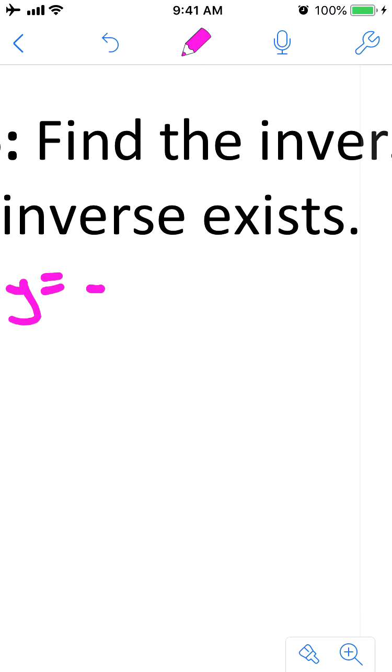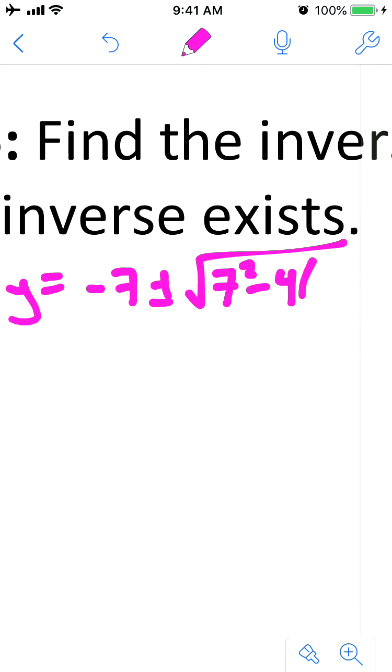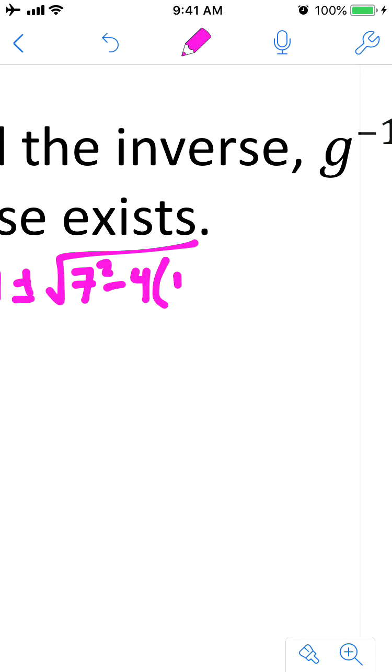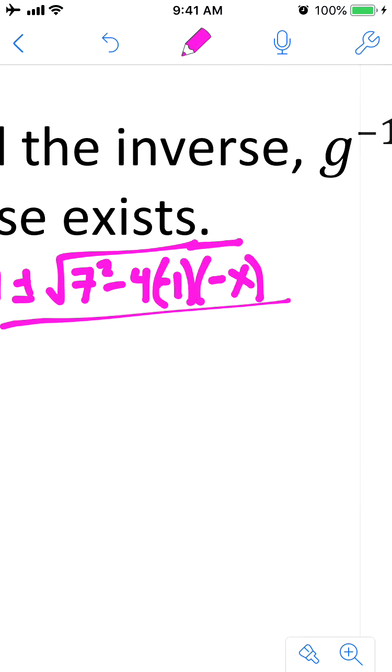So we have negative B plus or minus the square root of B squared minus 4 times A, which is -1, and then C is -x, all over 2 times A, which is -1.